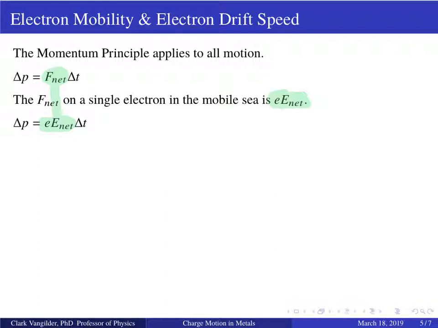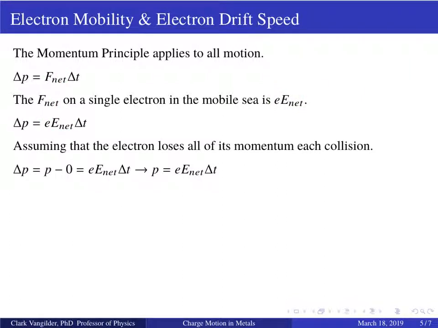We've defined previously that the electric field is the force per unit charge, which in this case is force per unit e, which is why I can take my force and just write little e, big E. That's taking us back to Coulomb. So now we've taken this general idea of the momentum principle and made it particular to what we're paying attention to. So the momentum formula becomes that.